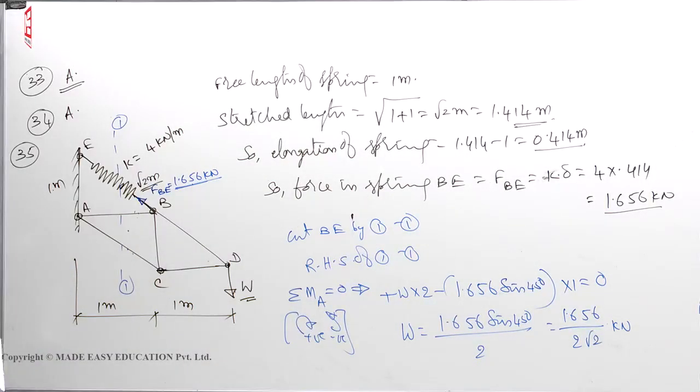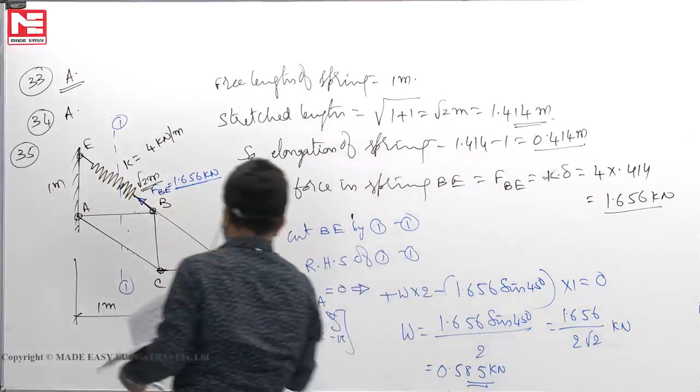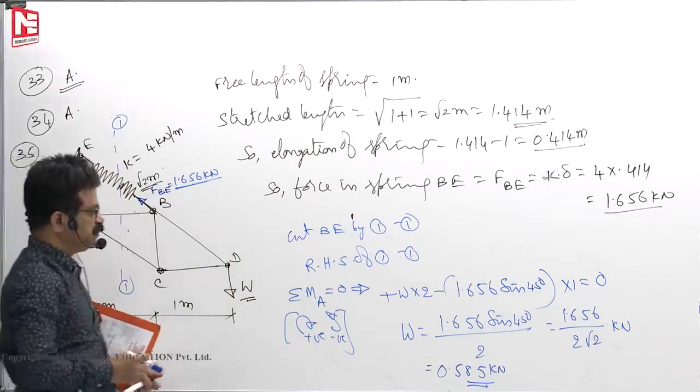So you will get 0.585. So W into 2 minus F sine 45 into 1, now it will be in equilibrium.